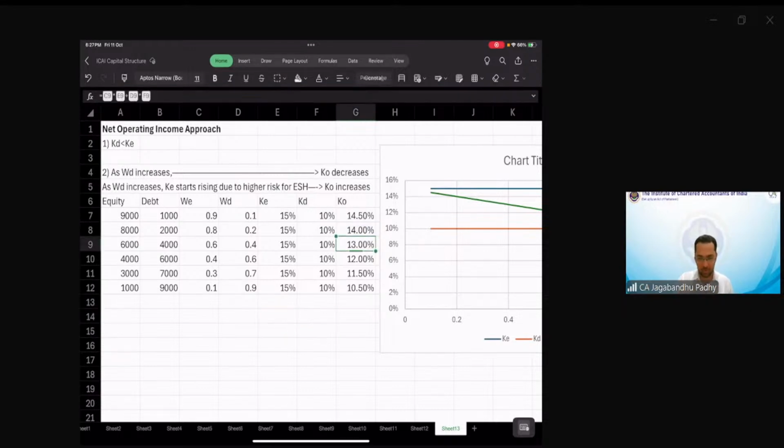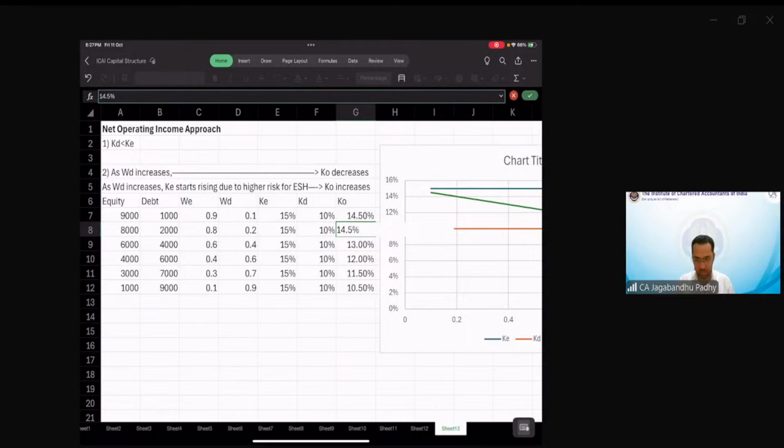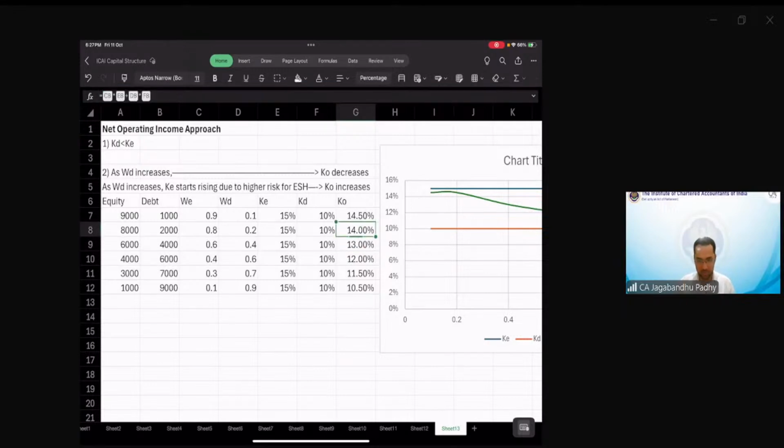This is going to remain the same, where they say that it will be 15.5%.